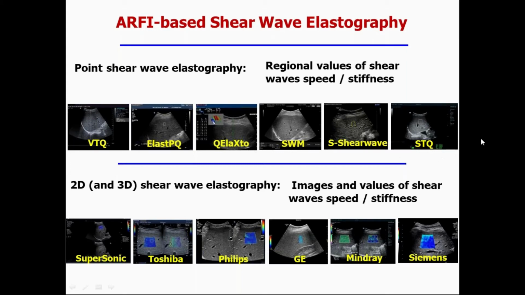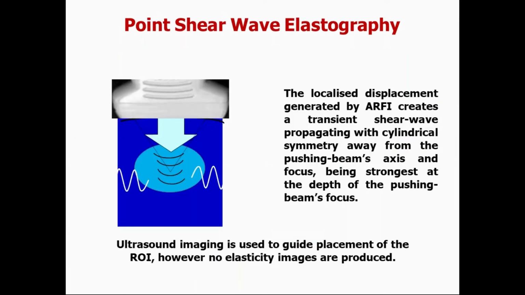There are several manufacturers that have developed point shear wave elastography and two-dimensional shear wave elastography technology on their equipment, and the registered name is different depending on the manufacturer, but the technique is always the same: the force of the ultrasound beam, that is the ARFI pulse.